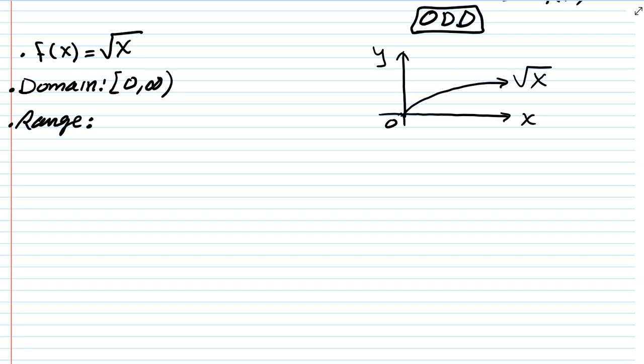The range is also from 0 to infinity. But for the range, again, we're looking at the y values, right? Up here. So if you can see these project, of course, it's going to take a heck of a lot bigger x, right, to make y go a little higher.